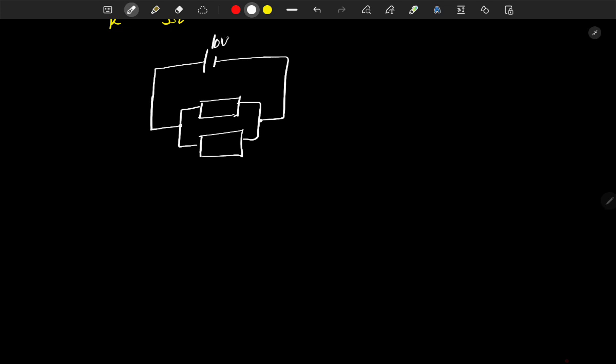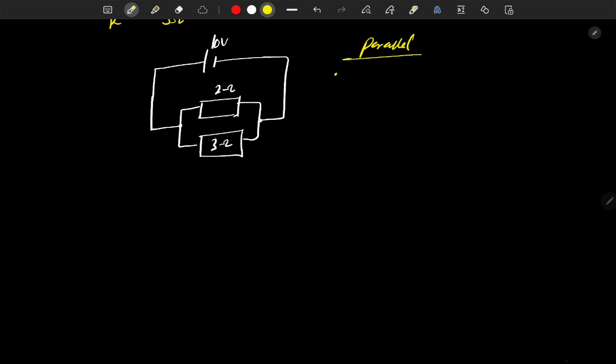Let's call this one 10 volts, the same way it was. And let's call this one 2 ohms and this one 3 ohms. So how do we find the total current? These are now in parallel, not series.